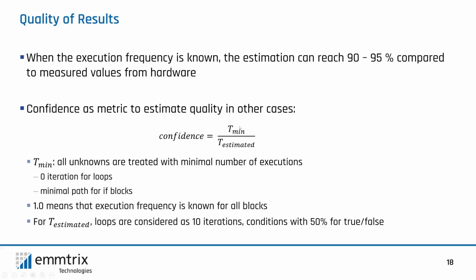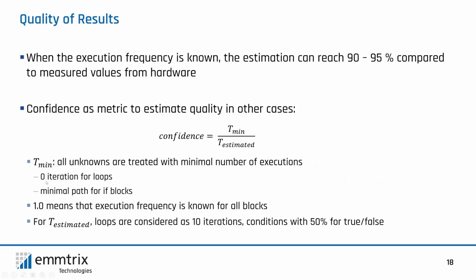Basically, it is defined as the minimum execution time divided by the estimated time. The minimum time means we look at all unknowns that we have inside of the program, and we treat them as the minimal number. This means if we have a loop and we don't know the number of executions, then we assume it has 0 iterations. So it really has a small impact.